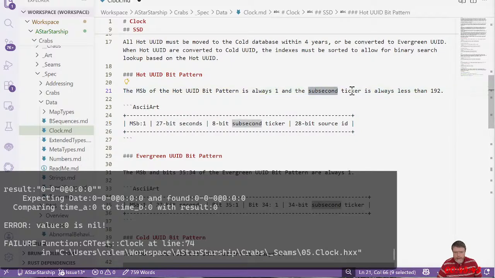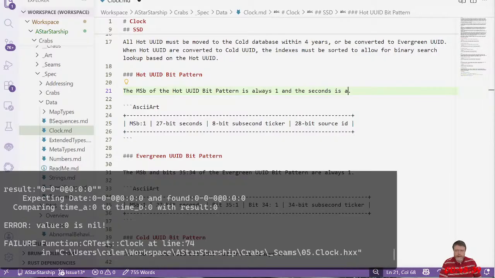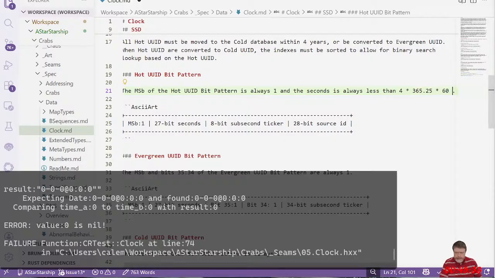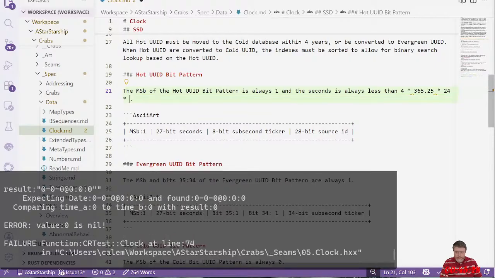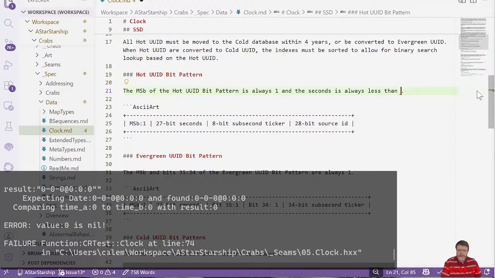And the seconds is always less than 4 times 365.25 times 60 times 24 times 60 times 60. The number of seconds in 4 years.